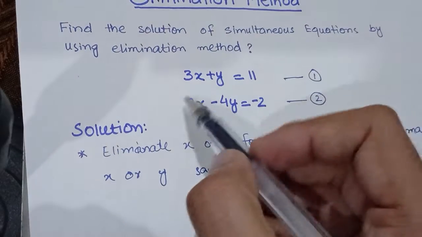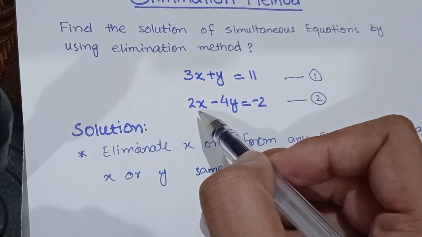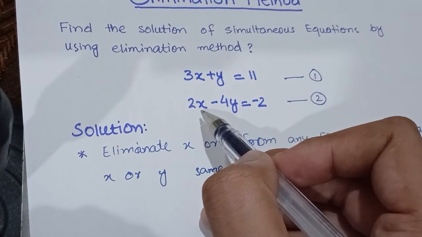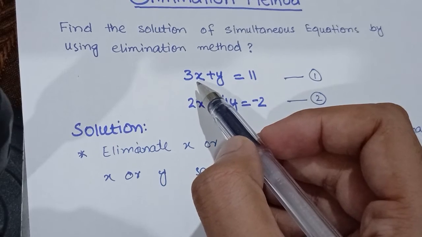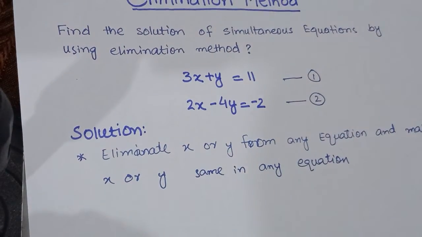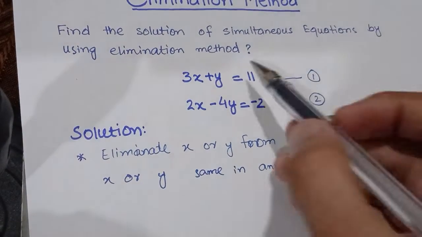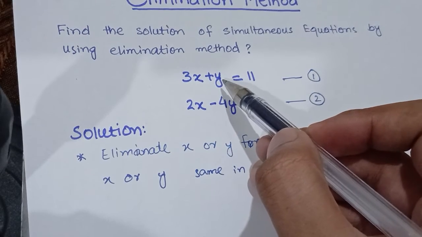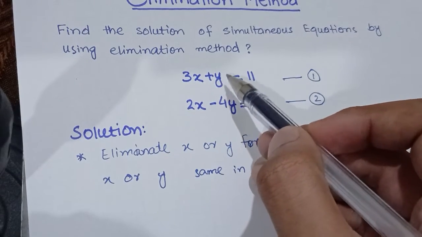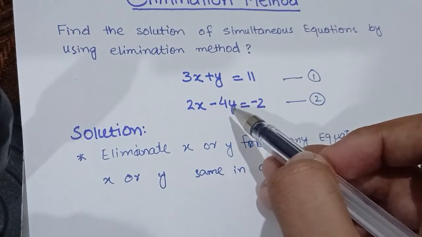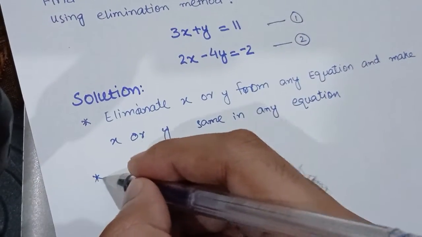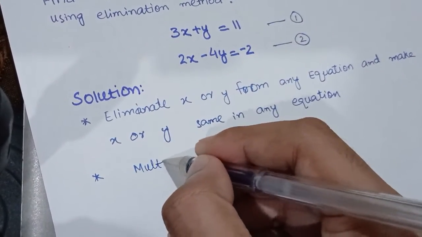We can multiply the x term by 2 in each equation, but if we check y, when we multiply this equation by 4, we will get 4y, which is the same as in the other equation. So it is much easier.